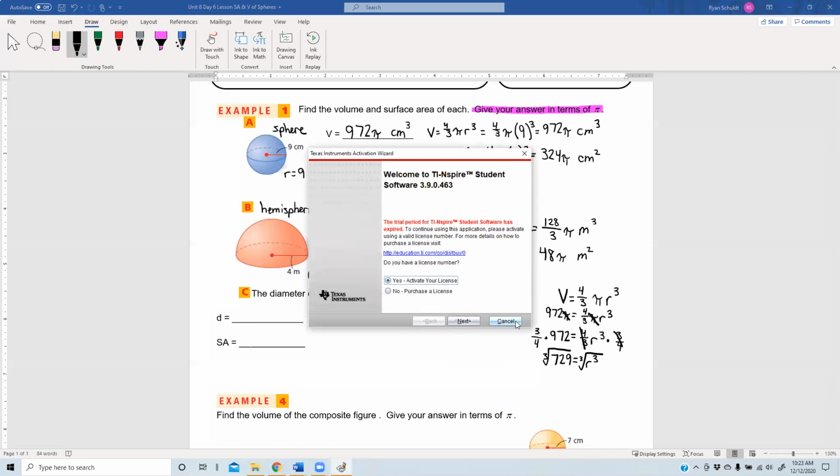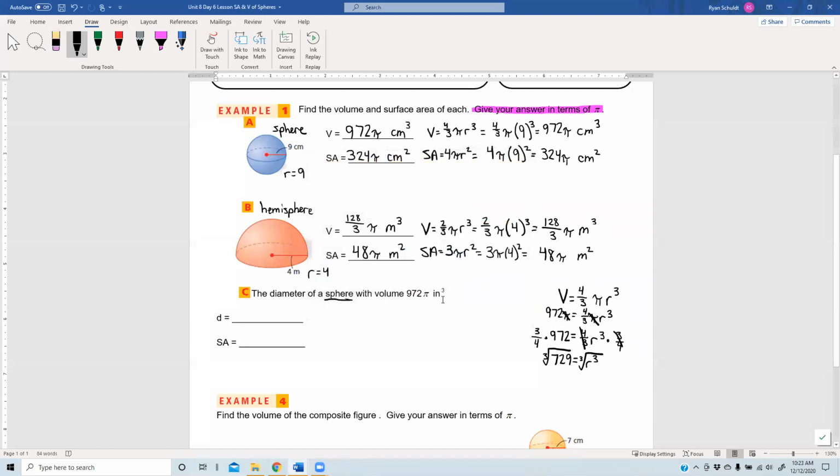Yes, my trial has expired, so I can't show y'all where the cube root button is.